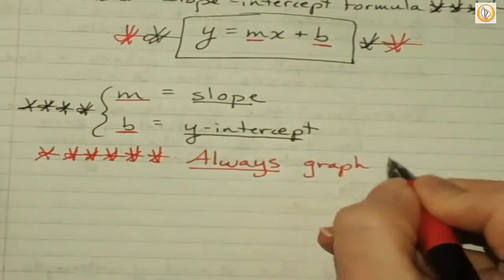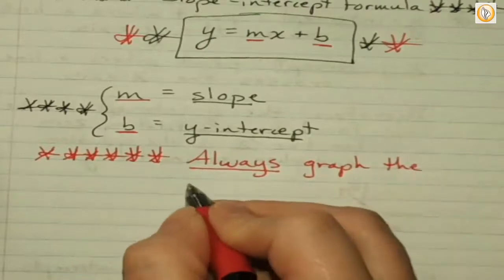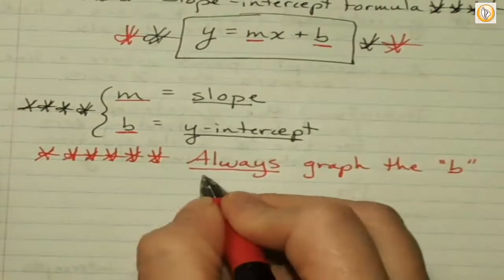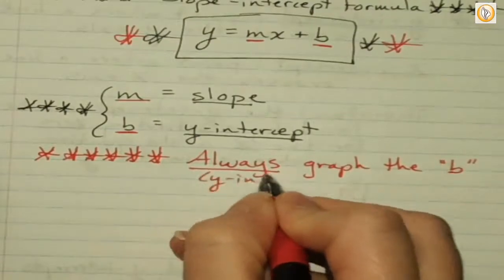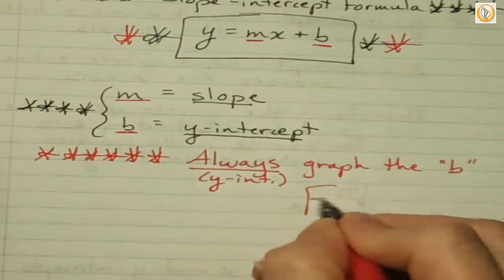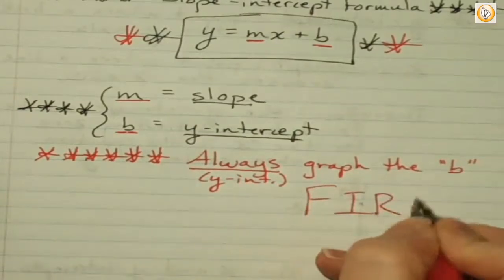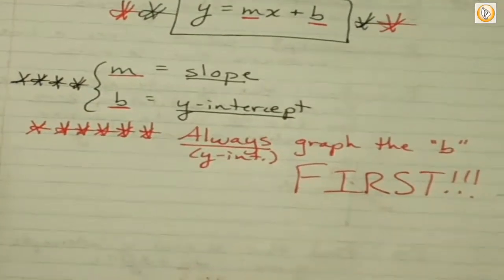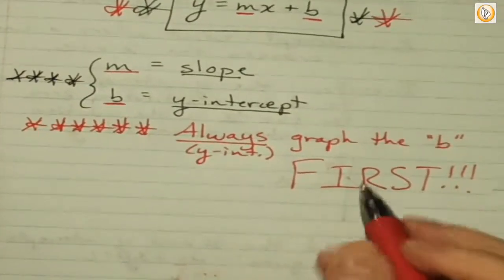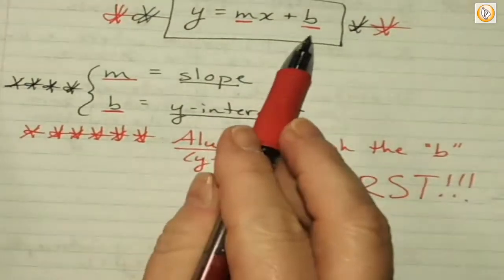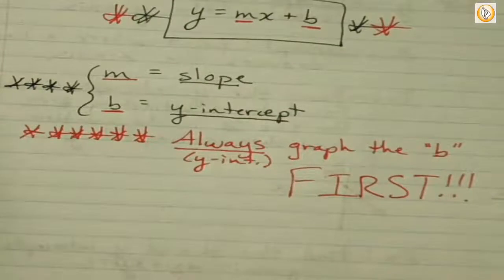Always graph the B, which is your y-intercept, first.